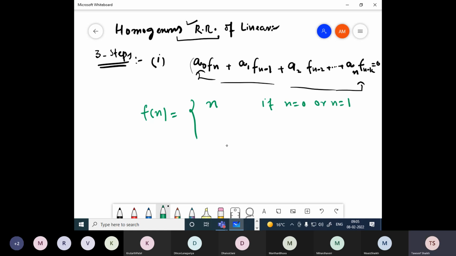The second part is f(n) equals f(n-1) plus f(n-2), and the condition given is when n is greater than 1. Maintain the gap, and you are welcome to be offline here, but please maintain the gap.